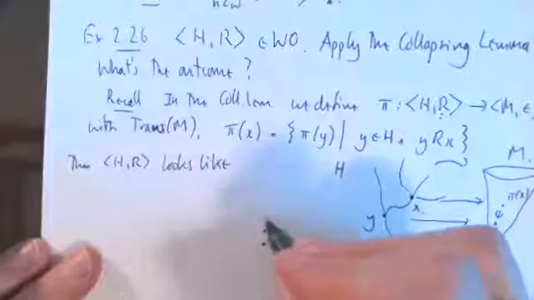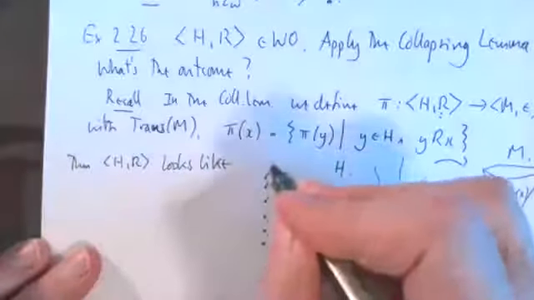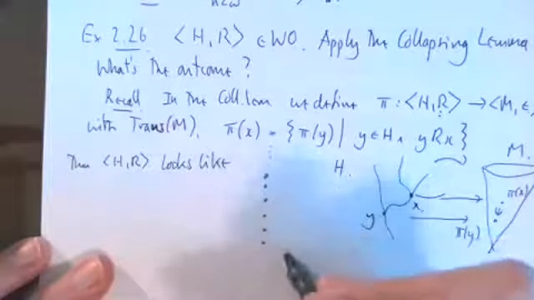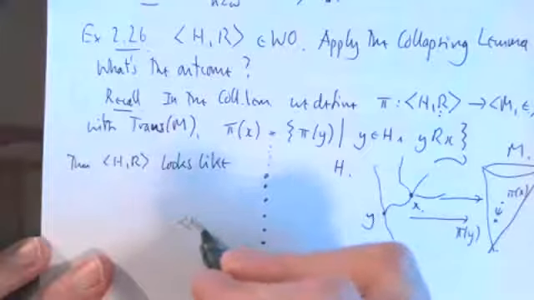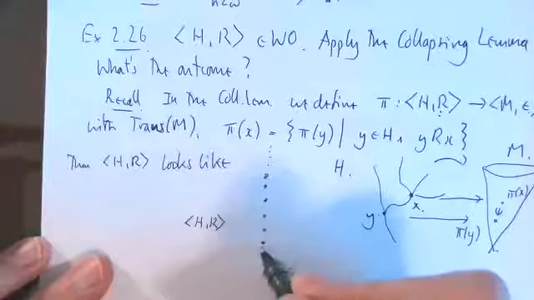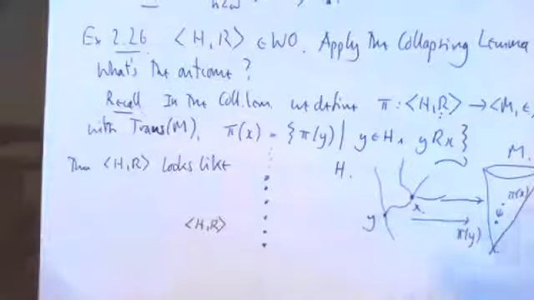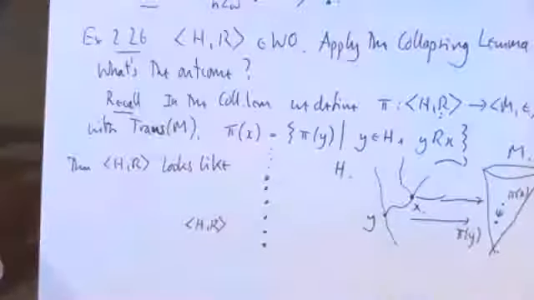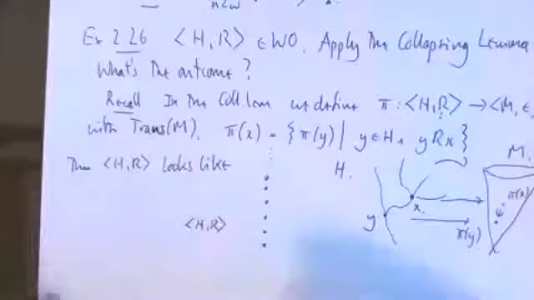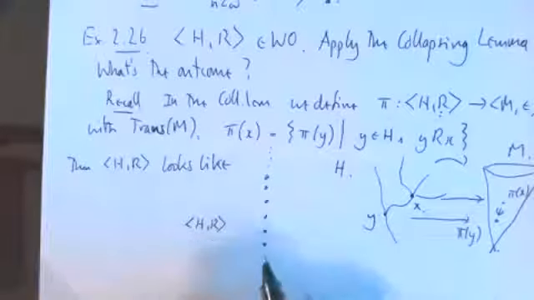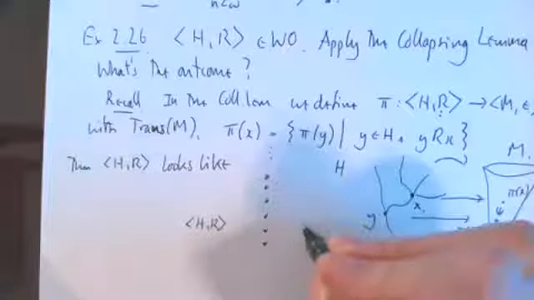It looks like a well ordering. So here would be H and R. There's a first element, a second element, a third element, and so on. So actually, of course, it looks like an ordinal. So the answer is going to be that this here is isomorphic to some ordinal.